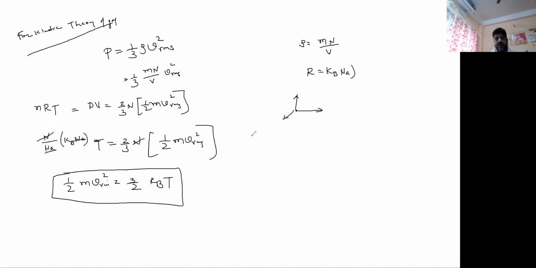So from the law of equipartition हम लोग कह सकते हैं half m v_x rms square for x-axis. इसका अगर हम 3 पार्ट ले तो each part is half kBT, half m v_y rms square, that is half kBT, and half m v_z rms square is half kBT. मतलब each energy value in a particular direction is half kBT.